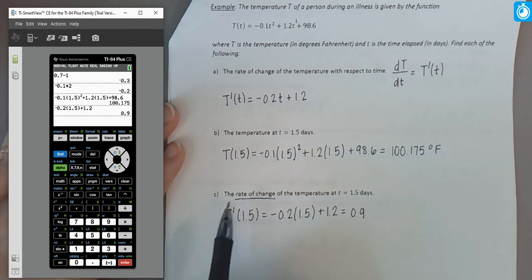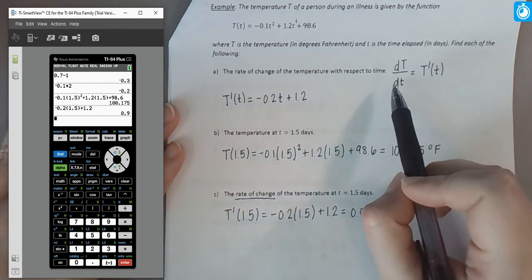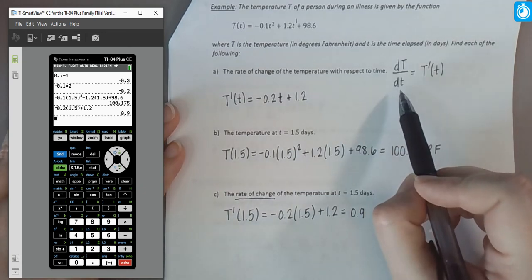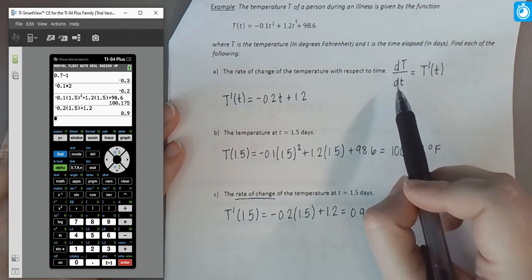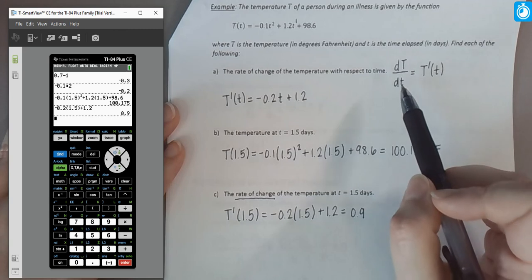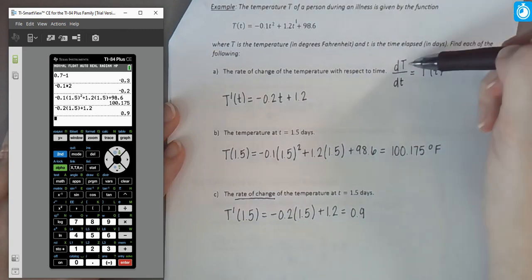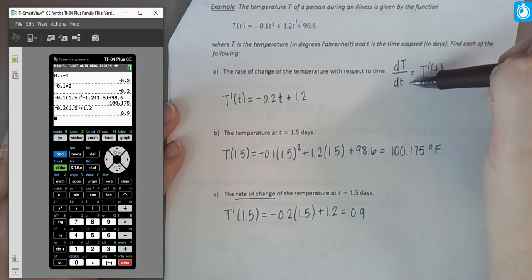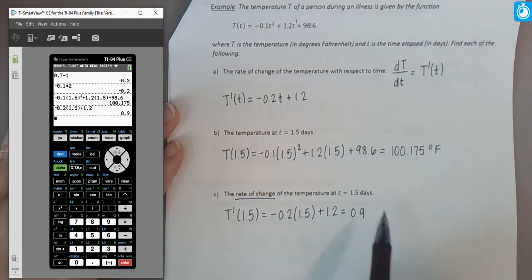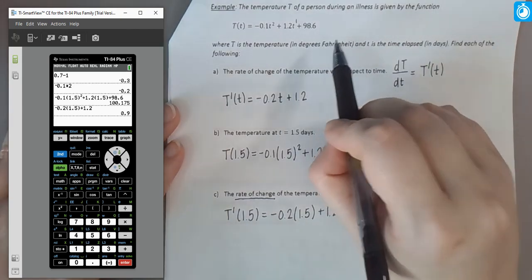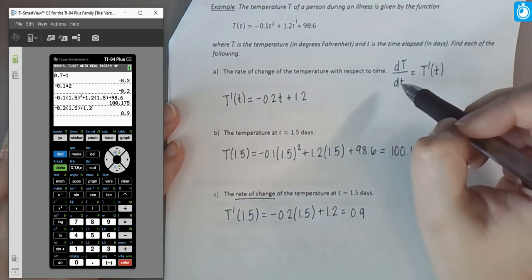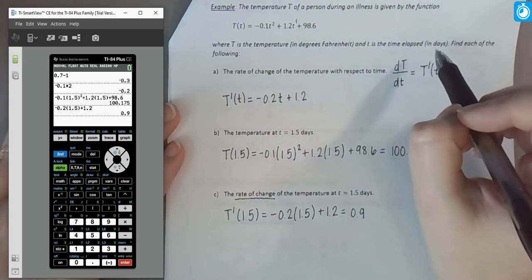It's hard to see the rate using this notation, but if we focus on the Leibniz notation, dT/dt, derivative of temperature with respect to time, that'll help us determine what the rate is going to be. If we think of the units for the numerator and the units for the denominator, that's going to give us a way to write our actual unit involving our rate of change. So the unit for temperature is going to be degrees Fahrenheit, and the unit for time is going to be days.